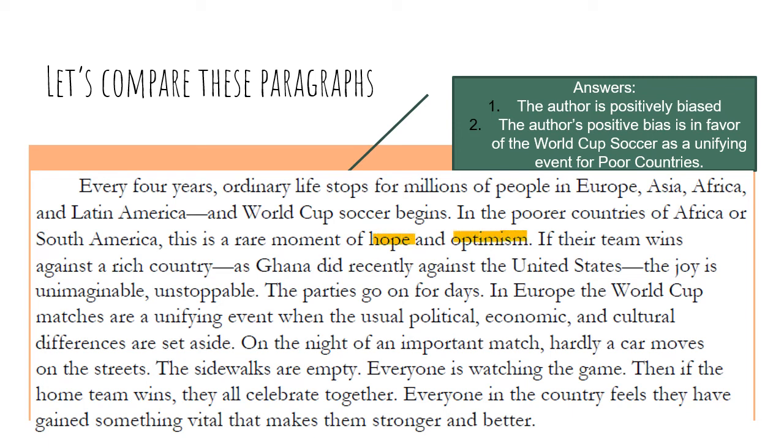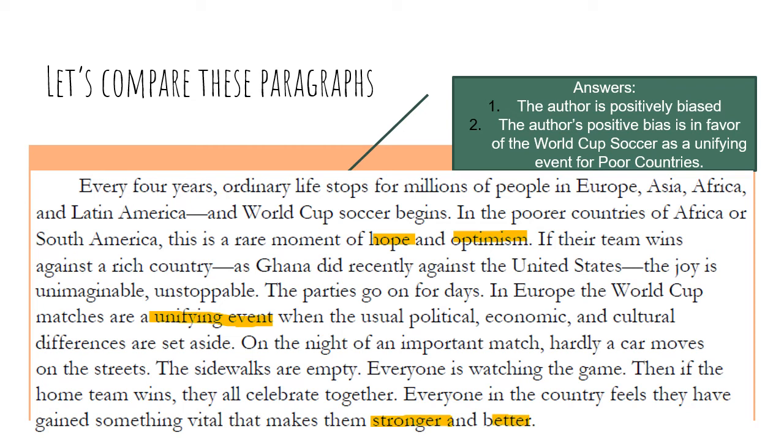And after that, look at this: in Europe, the World Cup matches are unifying events. Now look at, we also have this diction, the last sentence: everyone in the country feels they have gained something vital and makes them stronger and better.